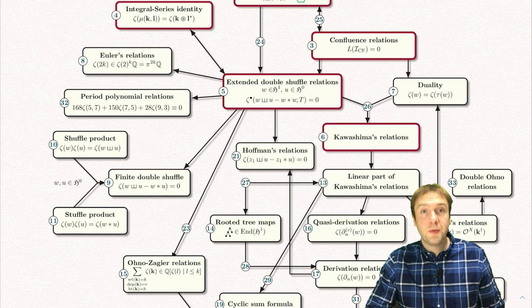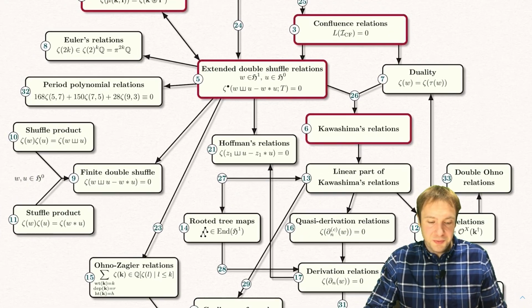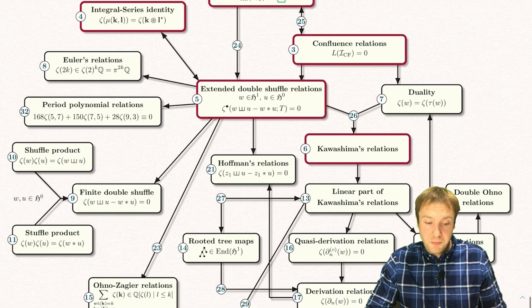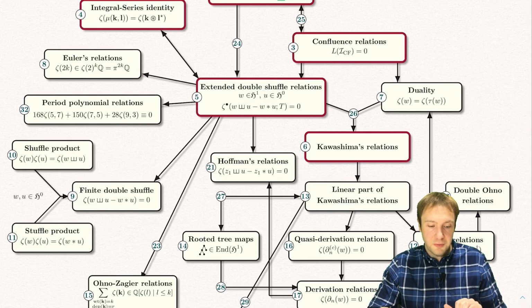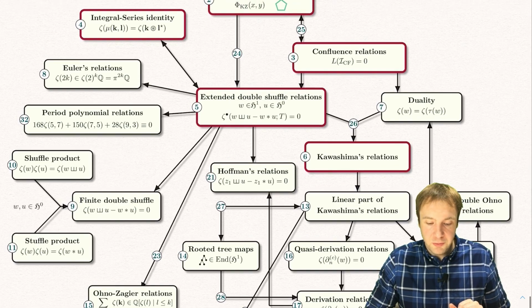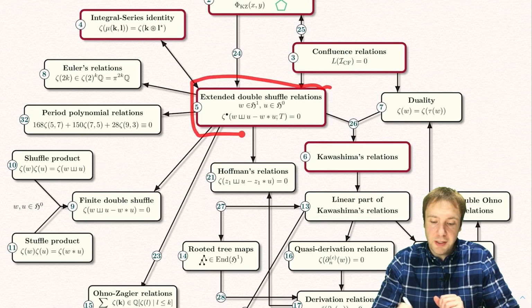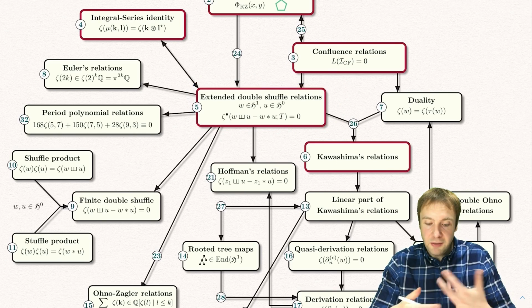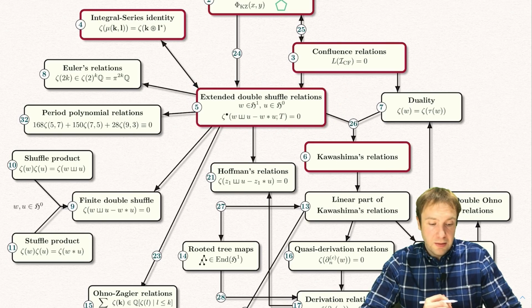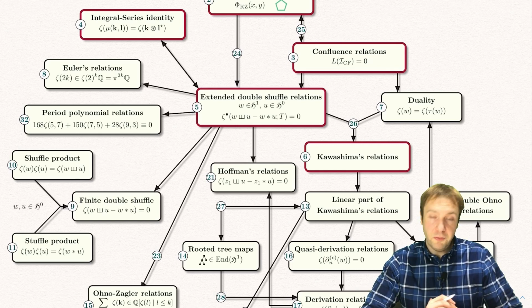Next time we will start by going to the next chapter, number 4, where we will concentrate on relations among double zeta values. We will ask ourselves, if we just have these extended double shuffle relations in DMR_0, what kind of relations can we obtain? And are there other objects out there which also satisfy these types of relations?